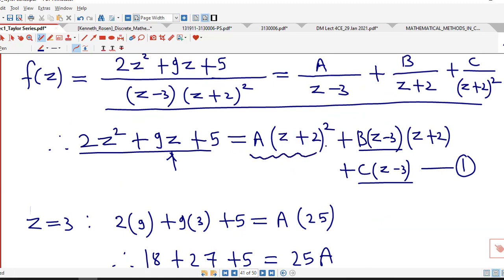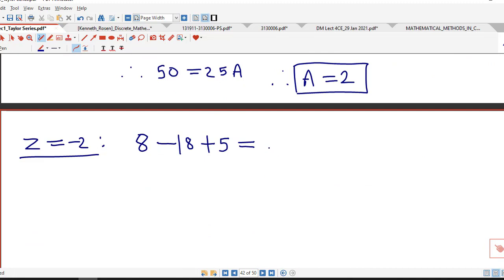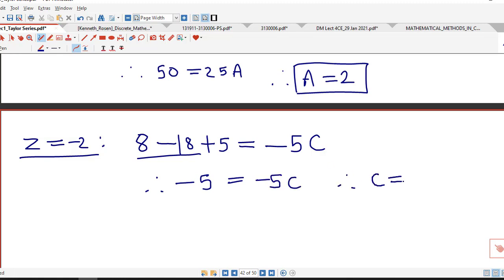And this becomes 0 for z equal to minus 2, and this also. And if we put z equal to minus 2 here, we have minus 2 minus 3, that is minus 5 times C. So this is going to be minus 10 plus 5, that is minus 5, equal to minus 5 times C. Therefore C equal to 1.